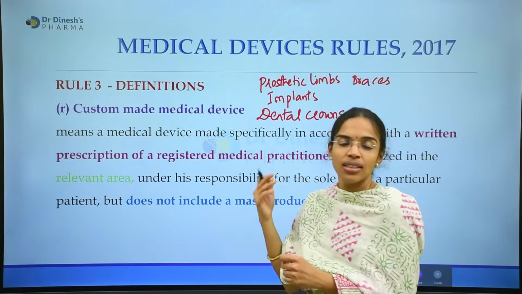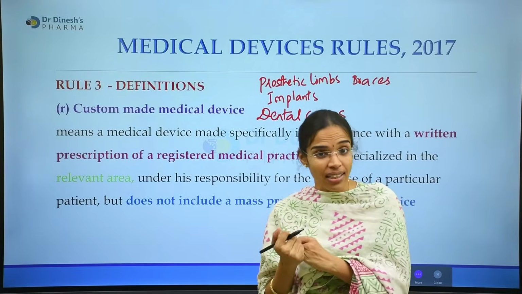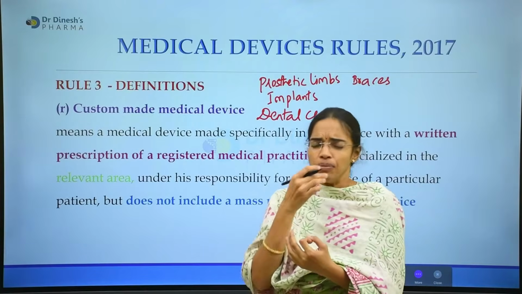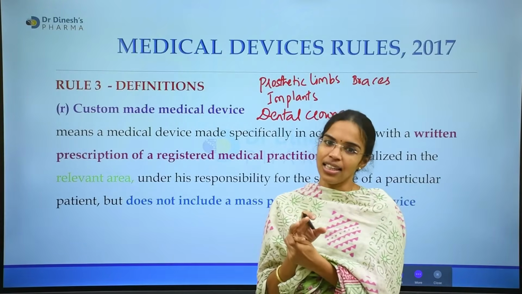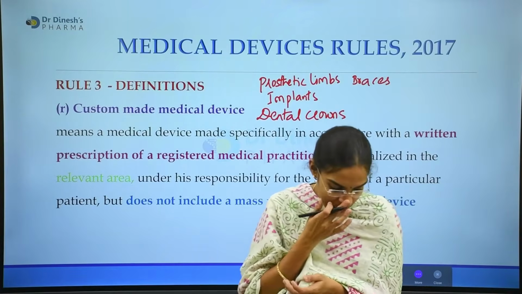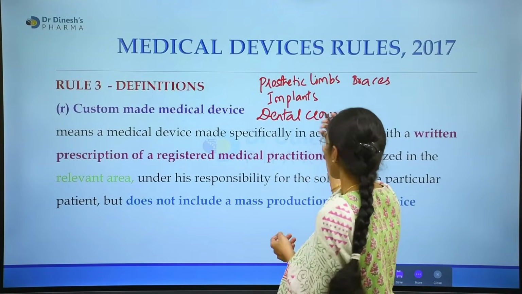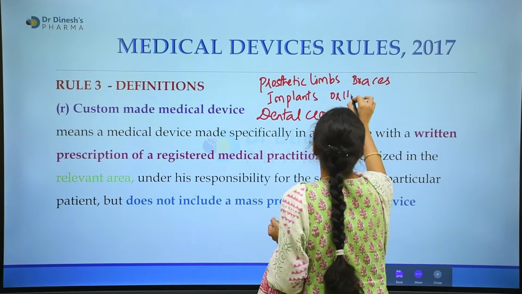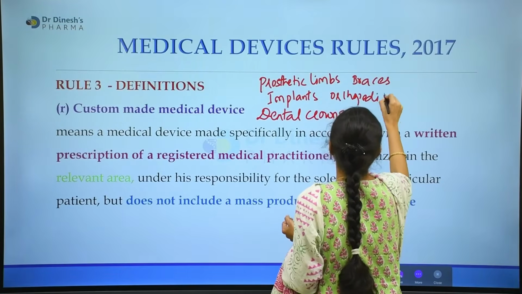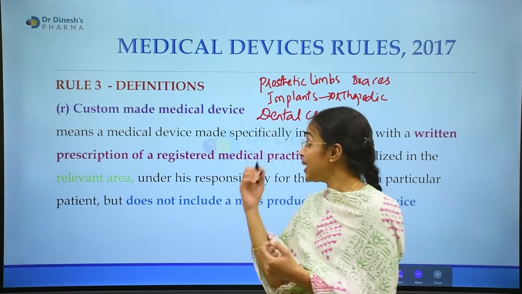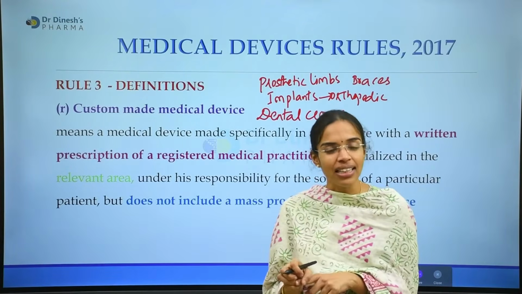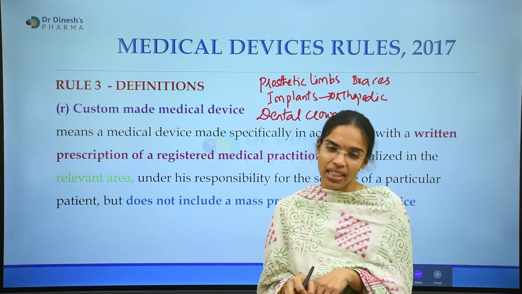Like the prosthetic limbs, dental crowns, braces, or orthopedic implants, all these devices are considered custom made medical devices. So this is about rule 3R, that is nothing but the custom made medical devices.